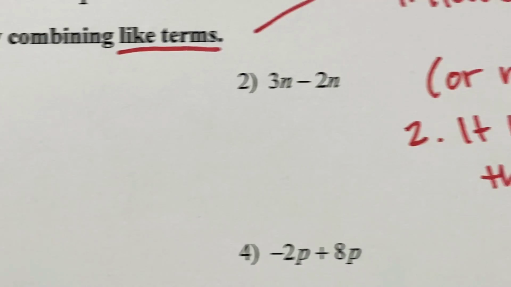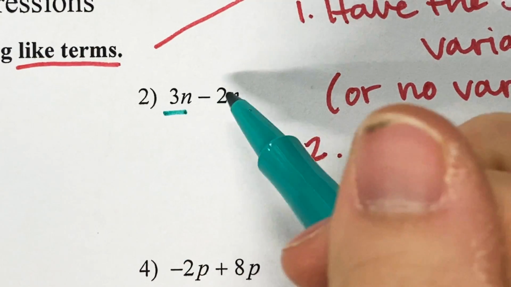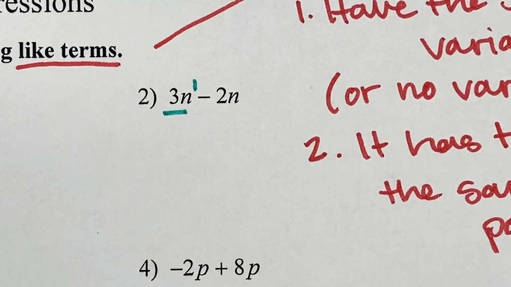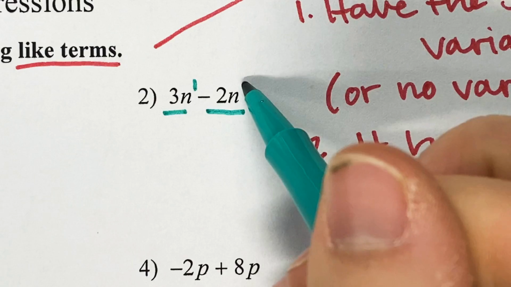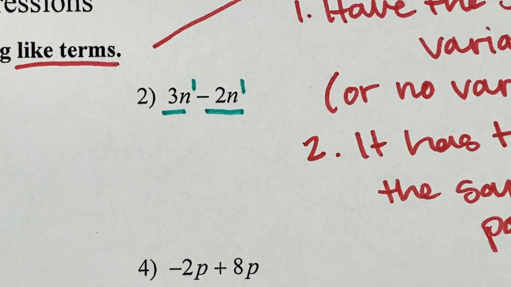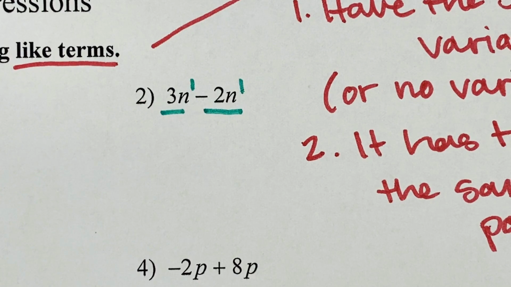Okay, let's look at number 2. So our first term is 3n, or 3n to the power of 1. So we're looking for n to the power of 1. Let's look at our second term, 2n to the power of 1. Are these like terms? They have the same variable, and are they to the same power? Yes, they are. They both have n to the power of 1.